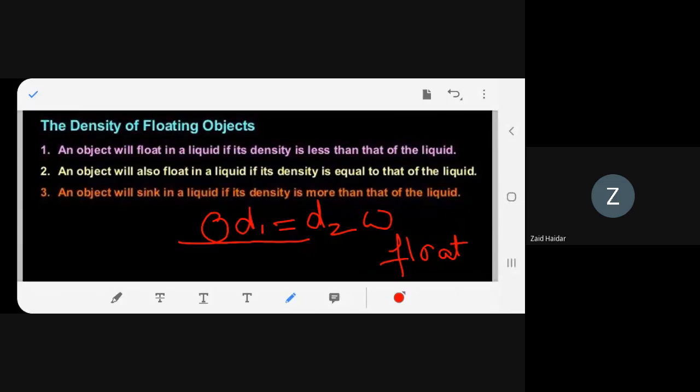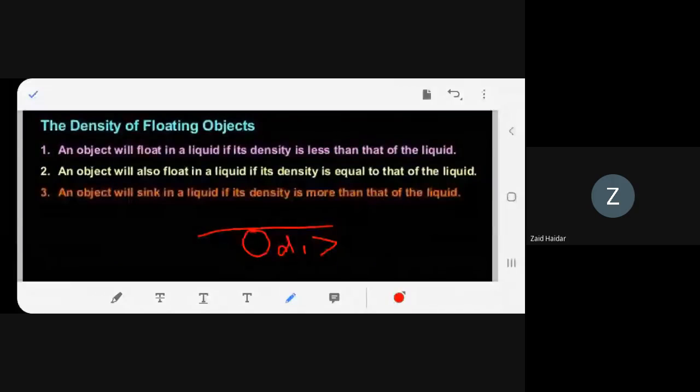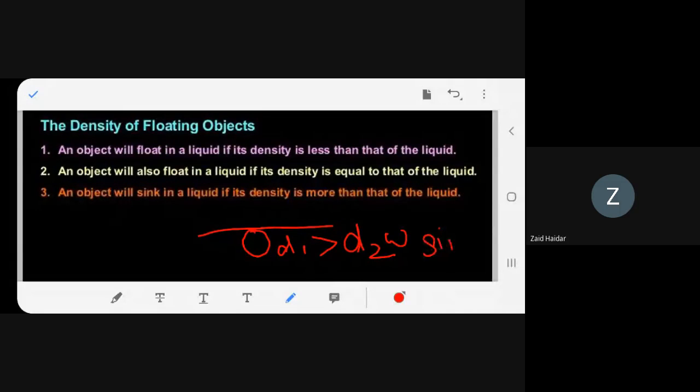Third, if D1 is more than D2, that is water, it will sink. Understood?